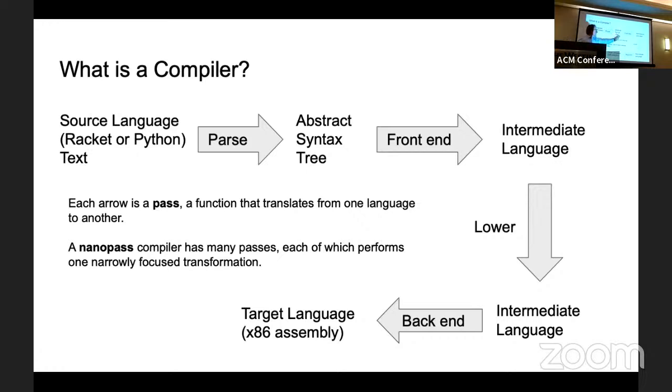And also after each one of these passes, you can test, right? You can run the interpreter on the output. We've got interpreters for all the intermediate languages, and you can check to see if your program still behaves the way it's supposed to. So part of the way we do compilers in this course is using the nanopass approach, but that's not all. That's just one aspect of it.